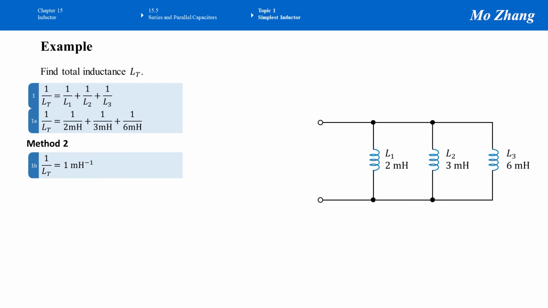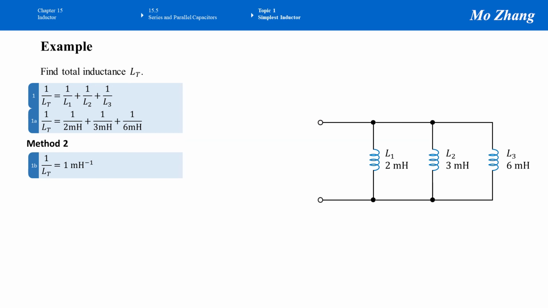Just put these numbers into a calculator. In the calculator, I enter 1 over 2 plus 1 over 3 plus 1 over 6. That equals 1. The unit here caused some confusion. Let's look at step 1A again. On the right-hand side of the equation, every term has millihenry. The unit of the final answer must be millihenry as well. It cannot be either a prefix or a unit alone, so regardless of all these terms, we just put millihenry here.